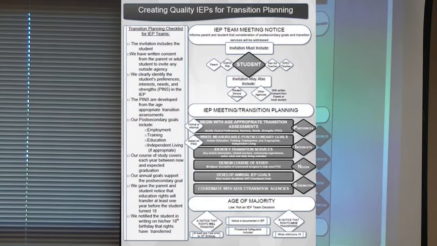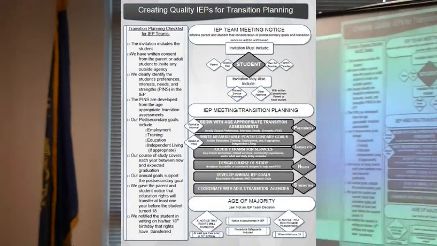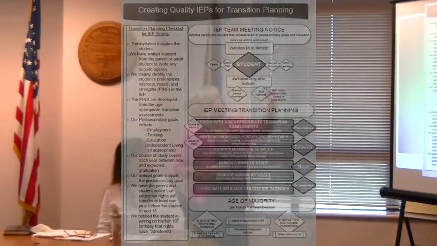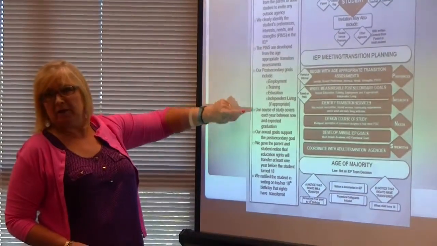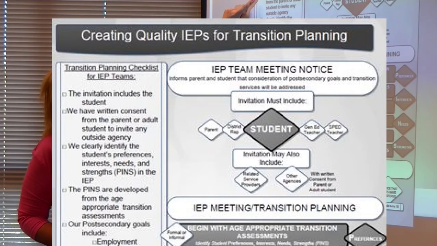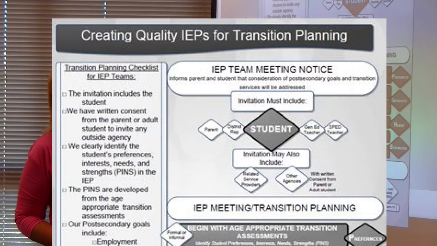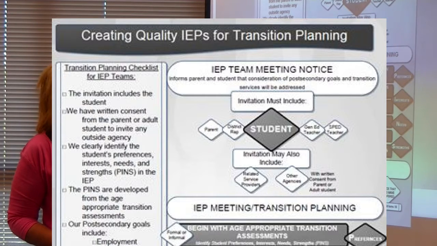So this is a page out of the Red Book. It's actually a transition planning tool. This is a checklist of all the things that need to be included in a transition IEP. You've invited the student and gotten consent for inviting an agency, and you've clearly identified their PINs: preferences, interests, needs, and strengths. They are developed and you've done assessments.